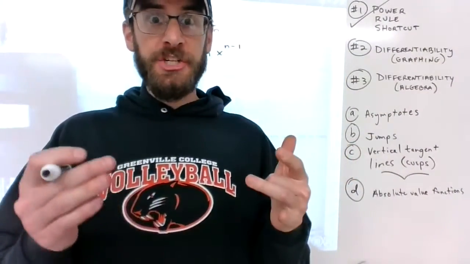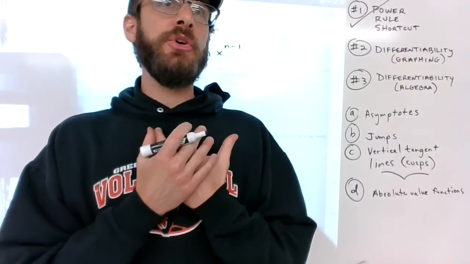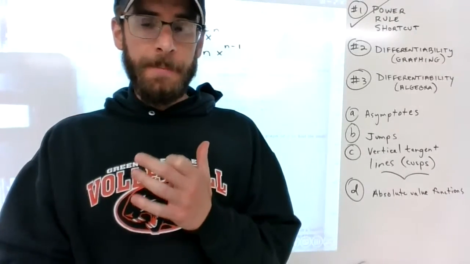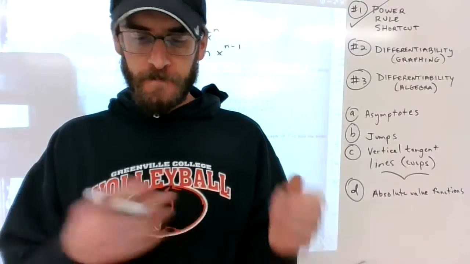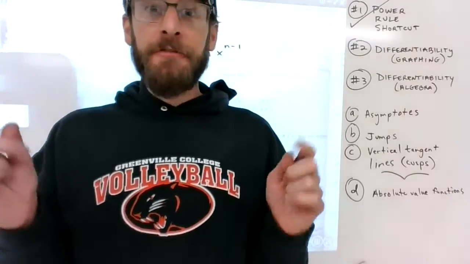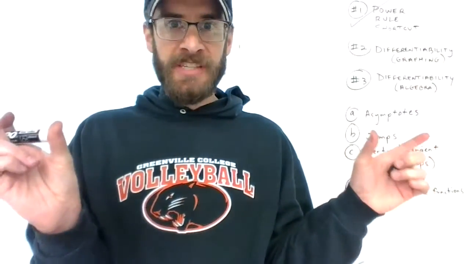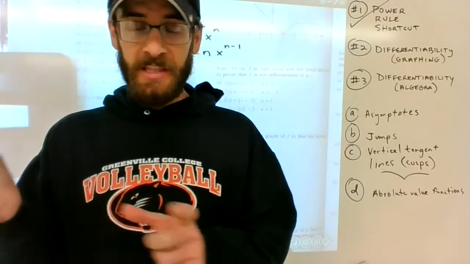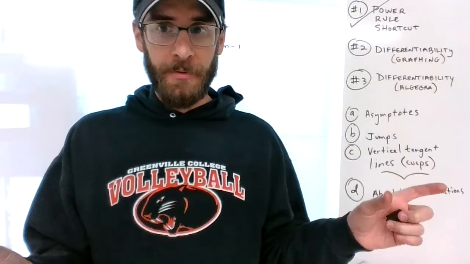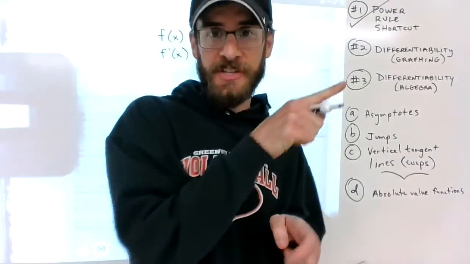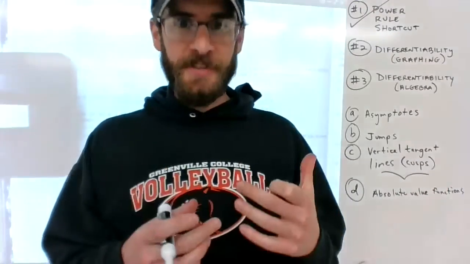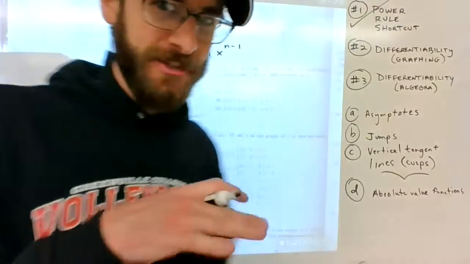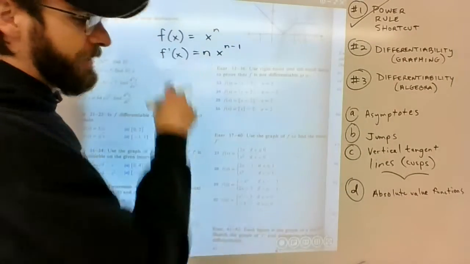From the left and from the right, those limits didn't match up. And a derivative is, in essence, a limit. So when the limit from the left doesn't match with the limit from the right, and you have sharp turns, that means that the slopes of the tangent lines are different. Okay, so I'm saying too much here. Let's talk about the graphs themselves.